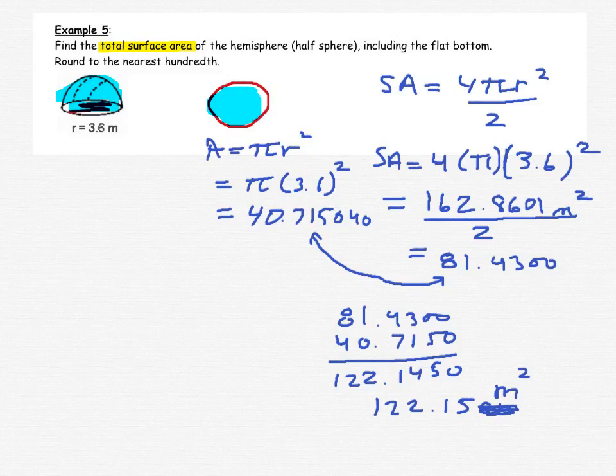Although there's no more questions here, I want to remind you of a couple things. You're also responsible to work with cones. So a cone is essentially a cylinder that's not completely, well, a cylinder divided into 3 sections would be a cone.